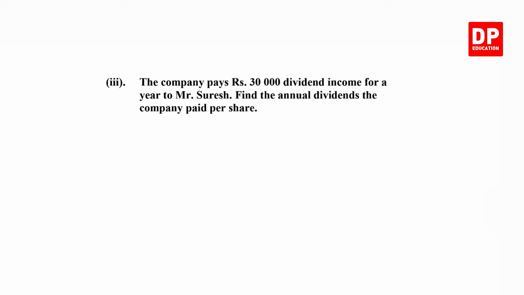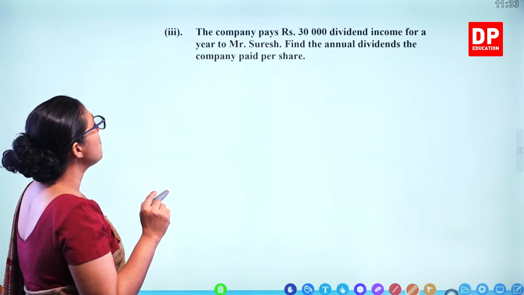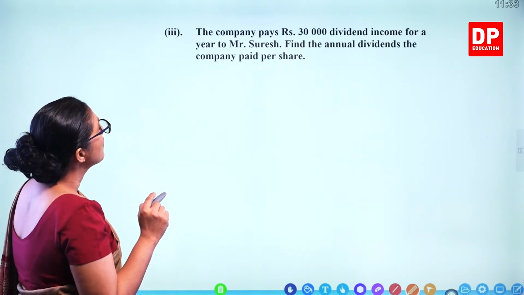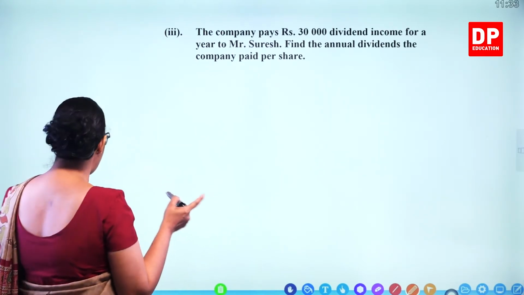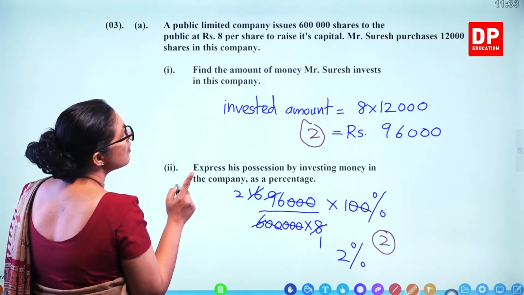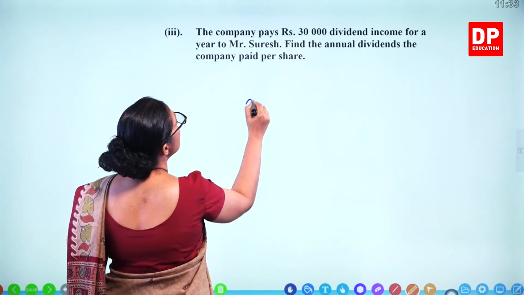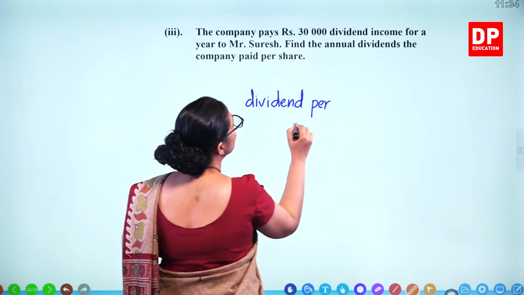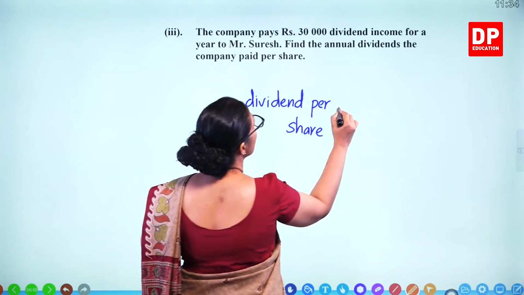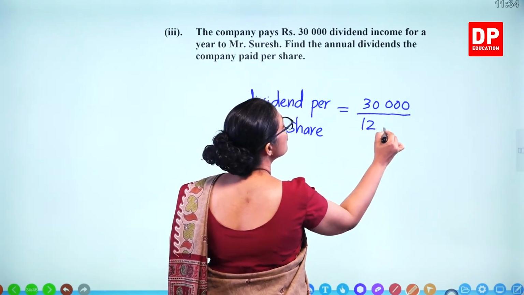Part 3. The company pays 30,000 rupees dividend income for a year to Mr. Suresh. Find the annual dividends the company paid per share. So 30,000 dividend income. So how many shares he bought? Suresh bought 12,000 shares. So you can write dividend per share, 30,000 divided by 12,000 shares.